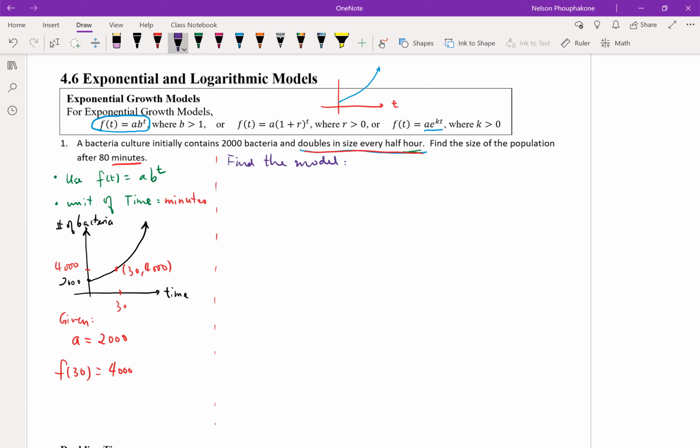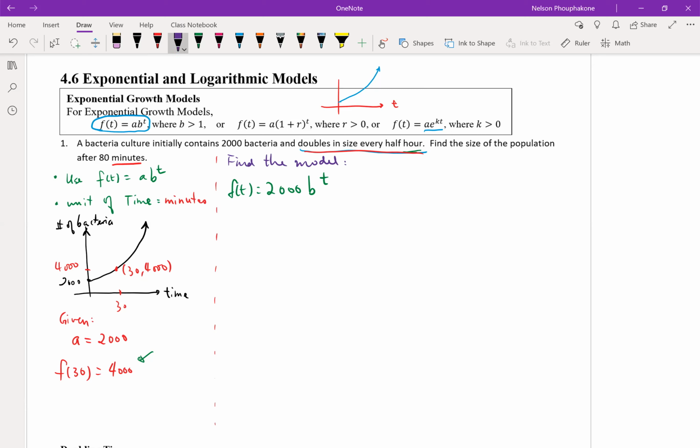So I know that f of t is equal to 2000 times b to the power of t, and what I need to do now is find out what b is. How do we find b? We could use f of 30 equal to 4000 to help us find b.